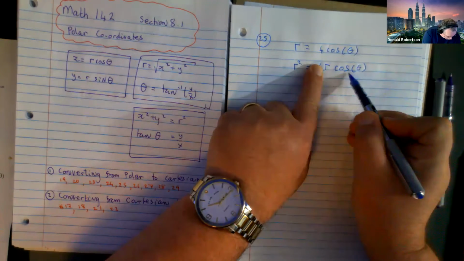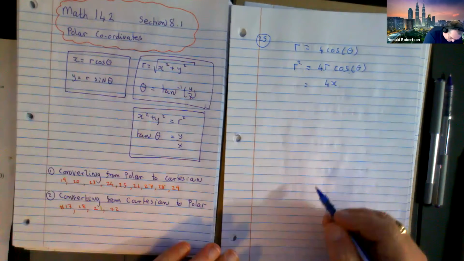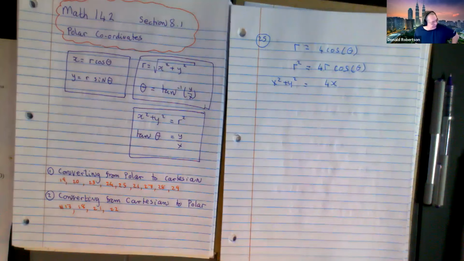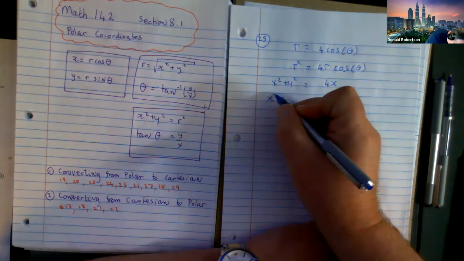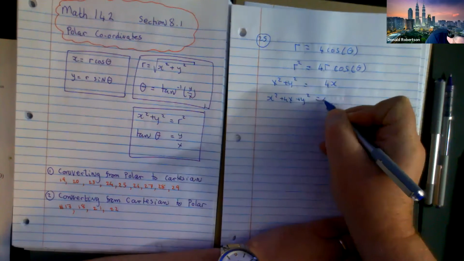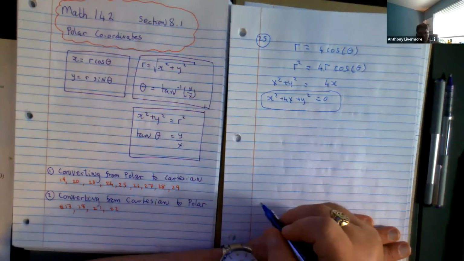Now, that is no longer that difficult to deal with. Isn't that r cos theta just an x? So 4r cos theta is that. And isn't this x squared plus y squared? And if you want to make it look pretty, how about x squared plus 4x plus y squared equals 0? Wouldn't it be minus 4x, not plus 4x?